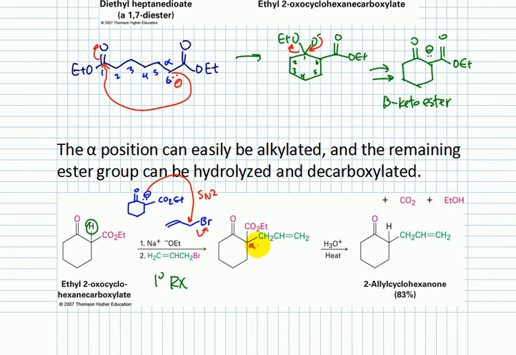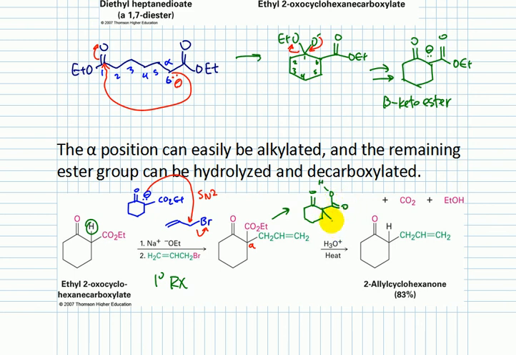Then we also learned in the last chapter, if we have a beta keto ester, like we did in the acetoacetic ester synthesis, those malonic ester and so on syntheses, it can decarboxylate. So with H3O plus and heat, that does 2 things. It hydrolyzes the ester to the acid, C double bond O, OH, right, like that.